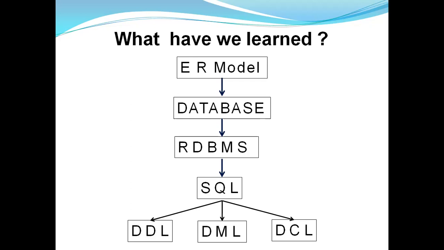DCL, data control language. So simply we can say that these are the three categories, not three different languages. These categories are divided based on their functionality. So let's start with the first, called as DDL.